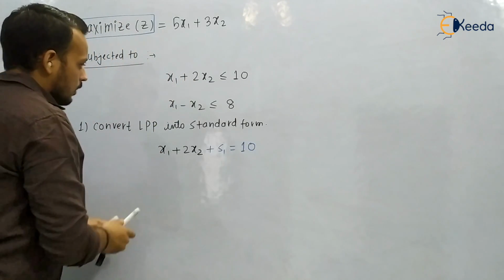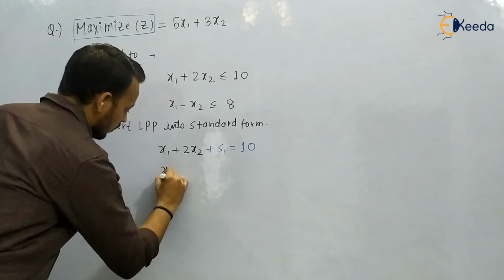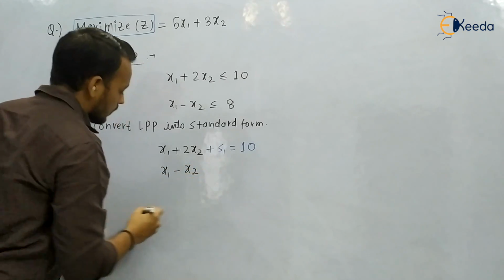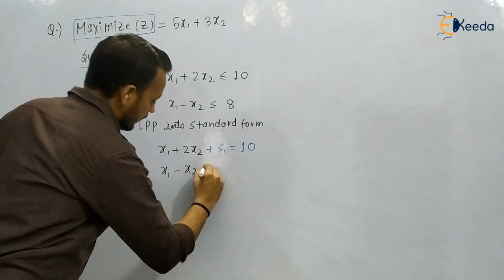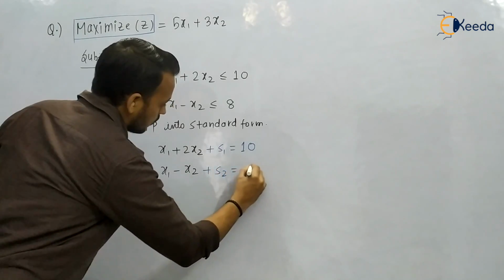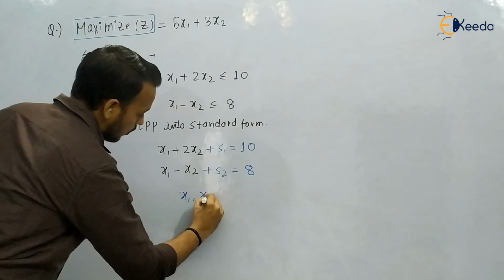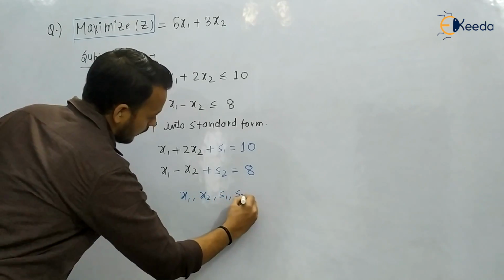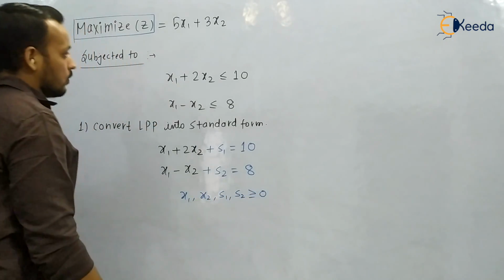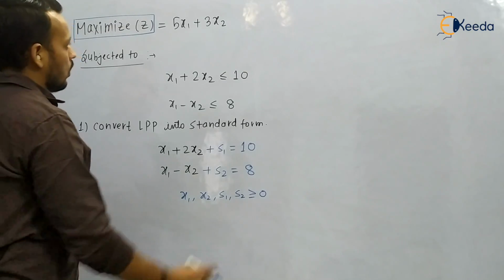The second is x1 minus x2 less than or equal to 8, so we add another slack variable: x1 minus x2 plus s2 equals 8. We have converted into standard form, and x1, x2, s1 and s2 are all greater than or equal to 0.